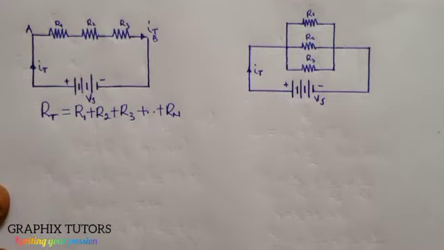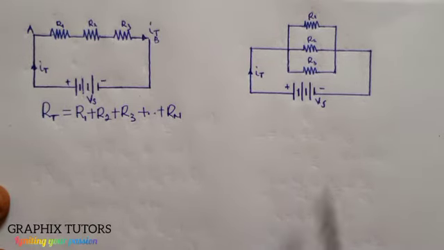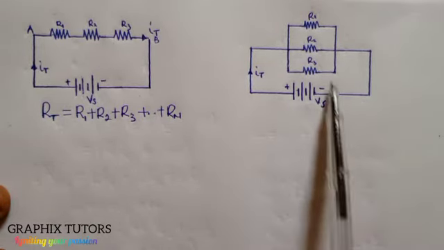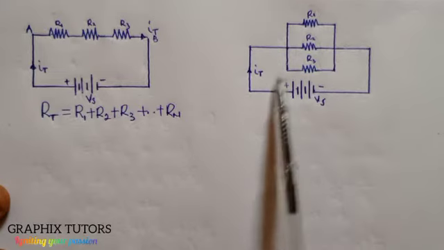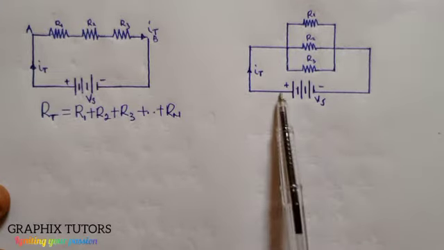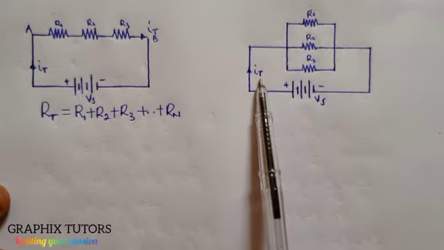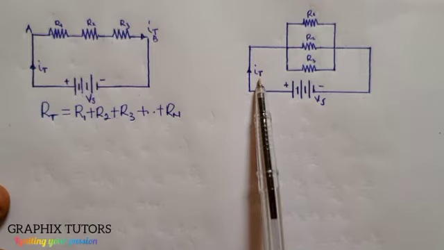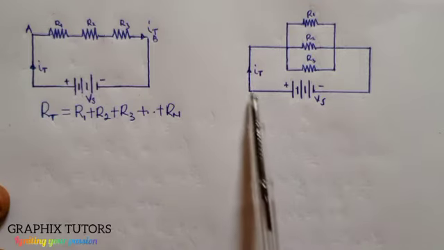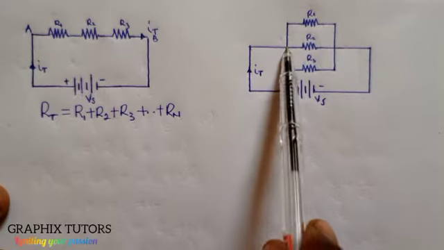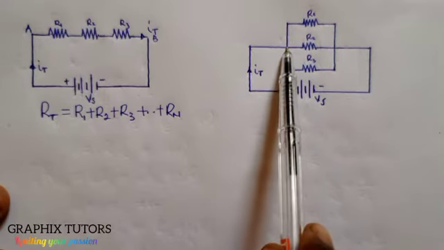Now, in terms of a parallel connection, when our voltage source produces a current, we call it I subscript T, which is called I total. The current flows here and gets to this point, this node.